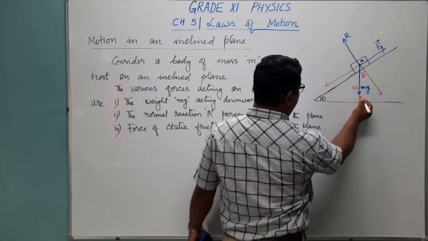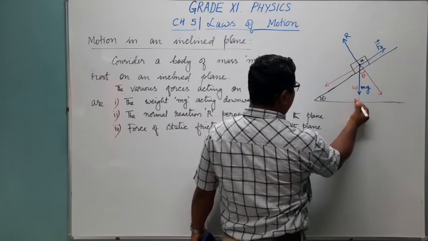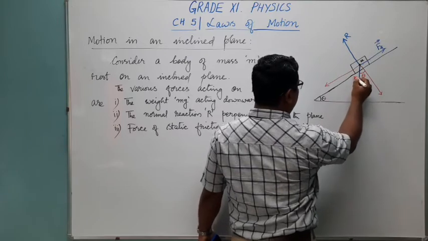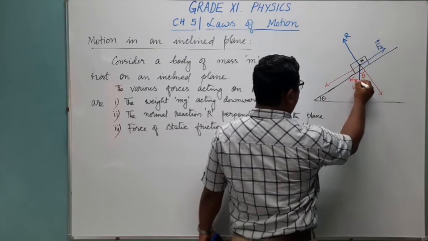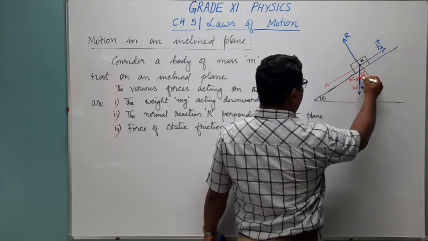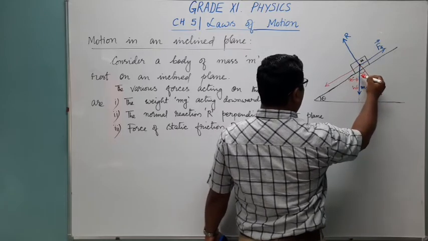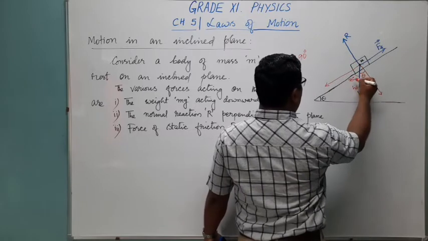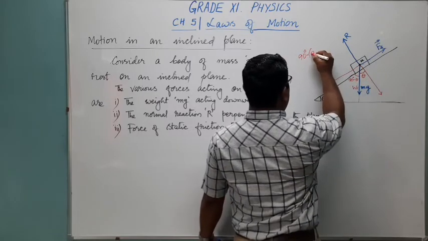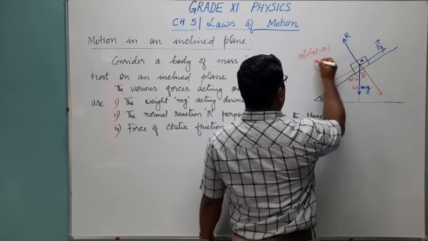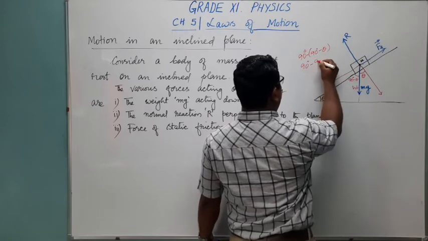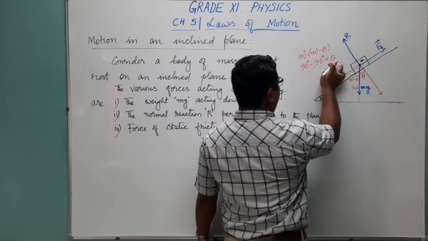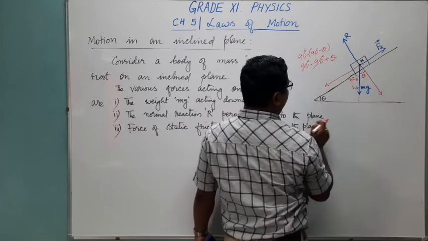You can look here. If I extend this line, this is 90 degrees. Then this is theta, then this is 90 minus theta. Here it is 90 minus theta. This is perpendicular here again. So 90 degrees minus this 90 minus theta, you will get plus theta. So this angle will be theta.